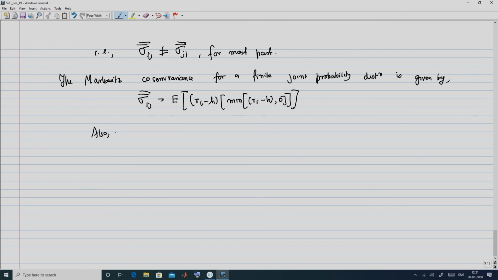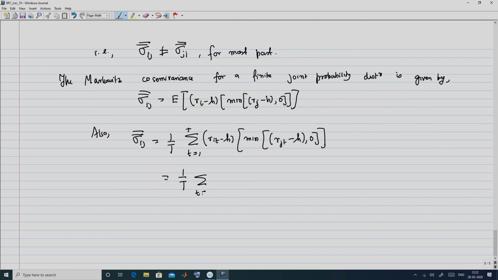From the empirical point of view, this is estimated as 1 over T summation t equal to 1 to capital T of R i t minus h into minimum of R j t minus h comma 0, and this can be further simplified to 1 by T summation t equal to 1 to capital T of R i t minus h into R j t double bar minus h. For that, you recall the definition of R j t double bar.